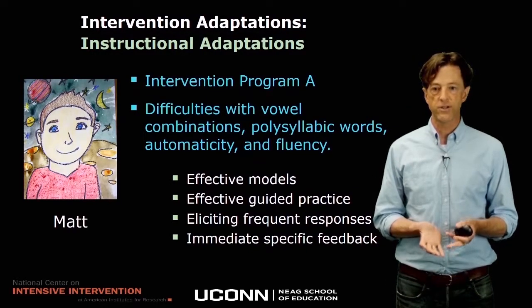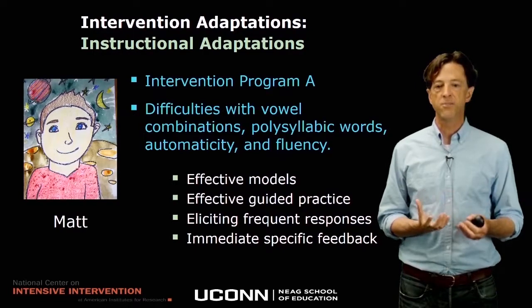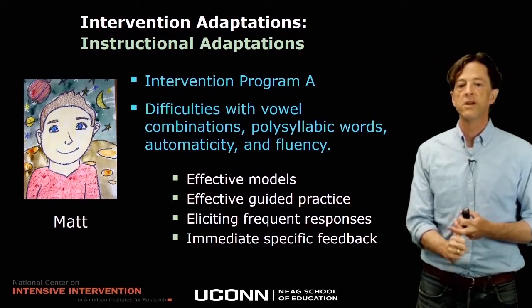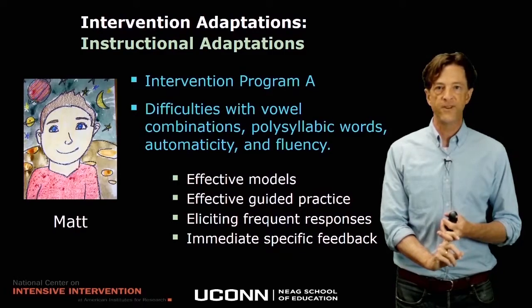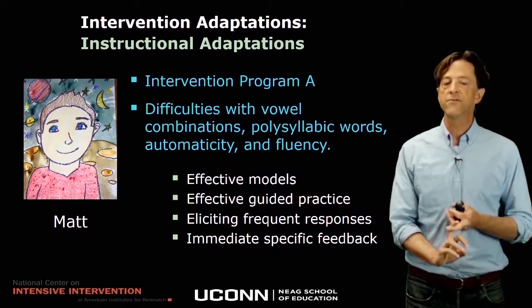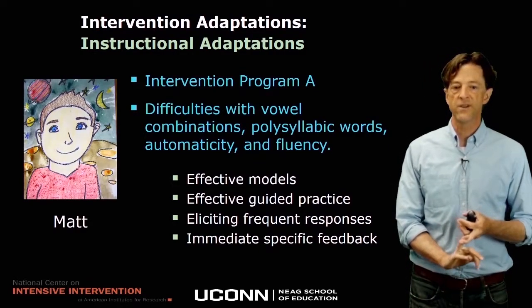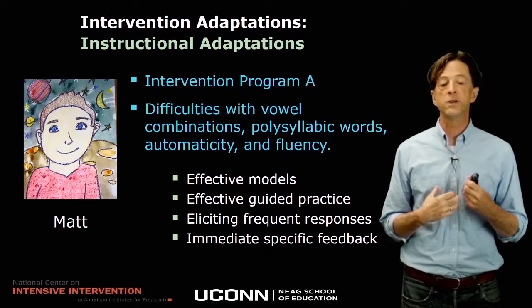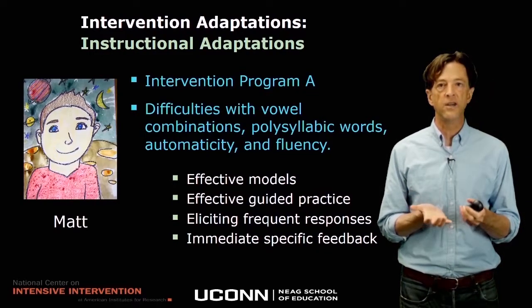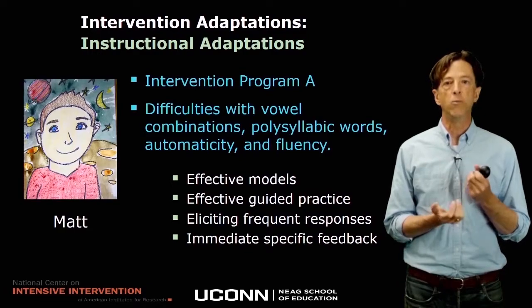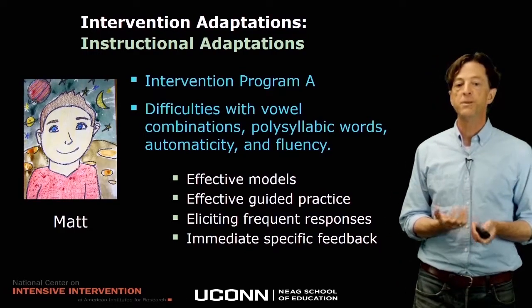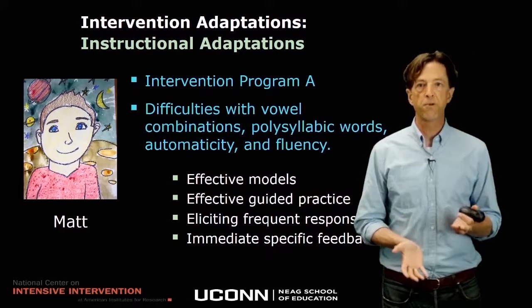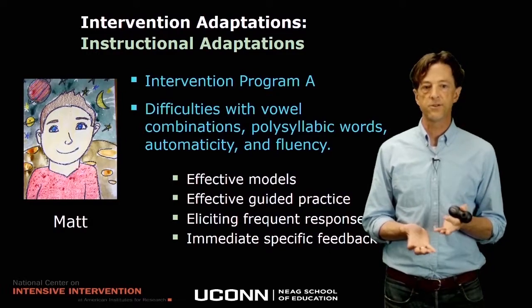So we talk about and provide support around how we increase effective models, how we make sure there's effective guided practice, and how we elicit frequent responses and provide immediate specific feedback, particularly in those components of the program that focus on areas of need. When we're teaching vowel combinations, we particularly want to make sure we're incorporating these principles of effective and explicit instruction.